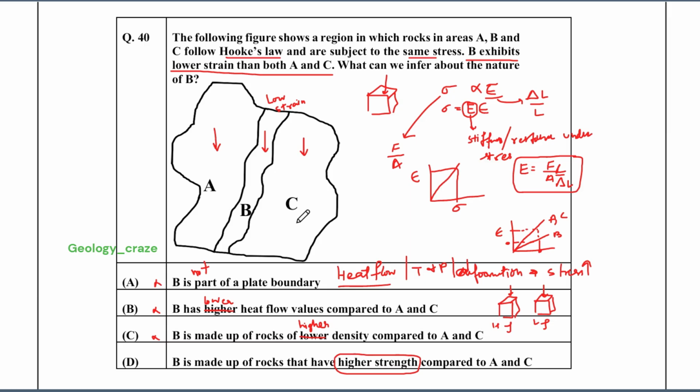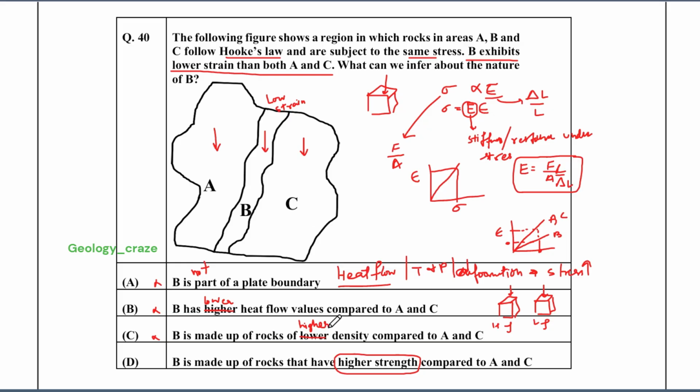It means B has a higher density material than A and C. And if we apply heat to all three rocks, there is a low heat flow in B because it needs more time in comparison to the others, because the other materials are less dense.